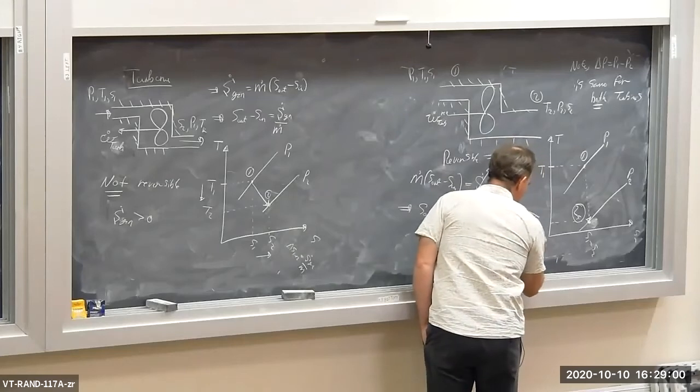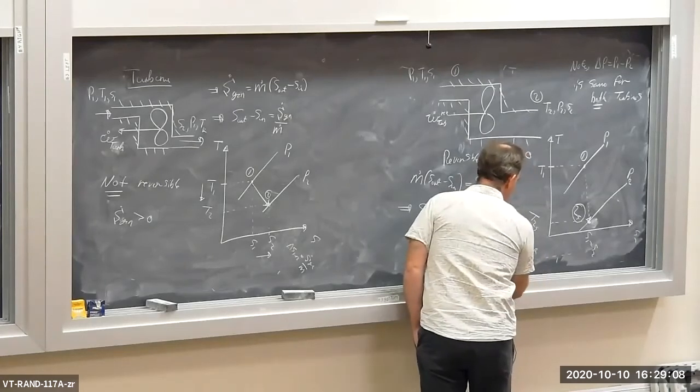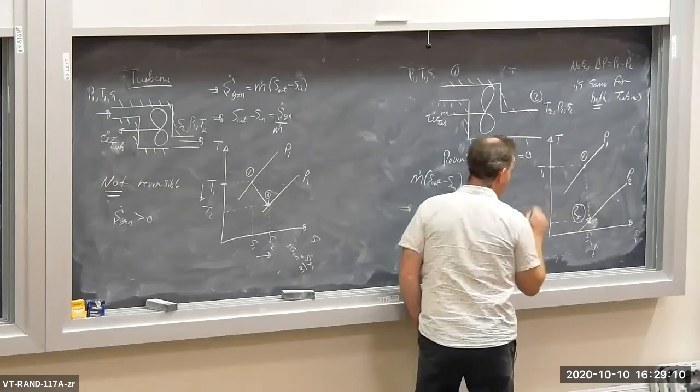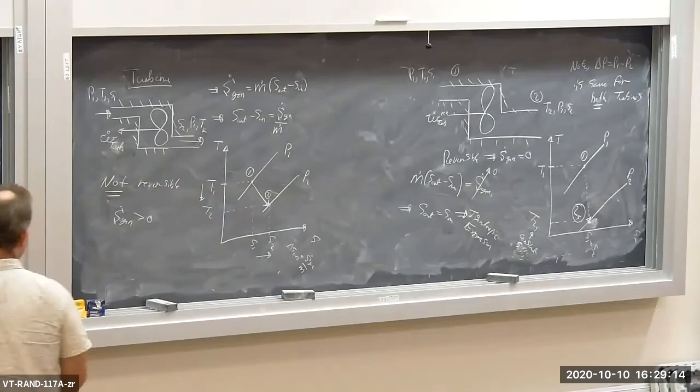So this sub S means constant specific entropy. S1 is equal to S2 sub S. Okay?